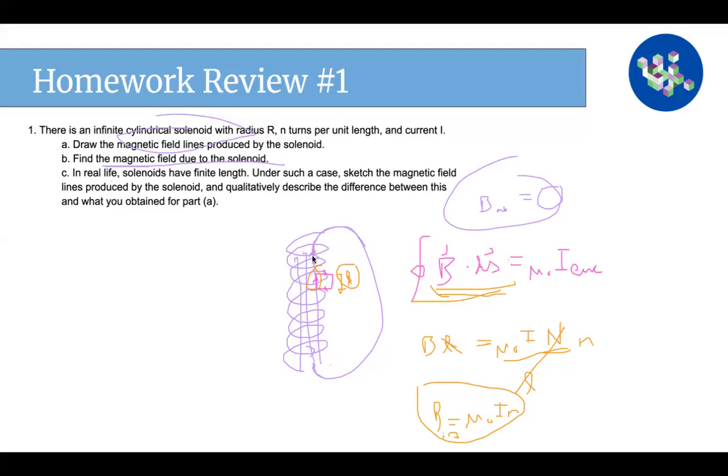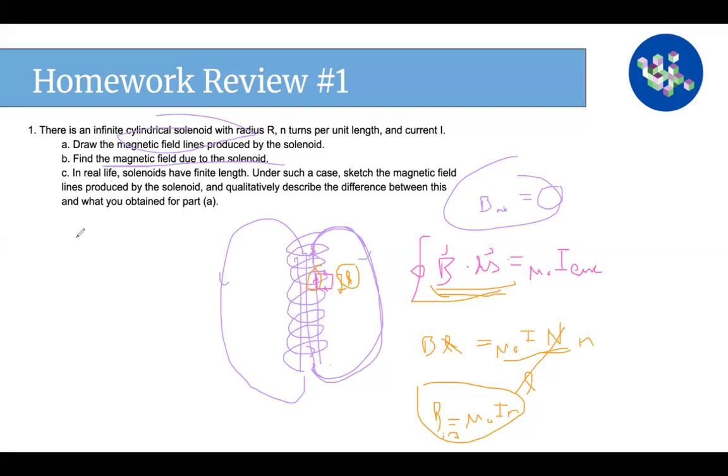So that means that when the field lines come out of the solenoid, they need to curve outwards and curve all the way down and then back to the bottom of the solenoid. So if I draw the field lines, it will be looking something like that. And remember, this will be the direction. And because it's going to be curving outwards as I get to the end of the solenoid, I know that the field lines inside the solenoid won't be completely straight.